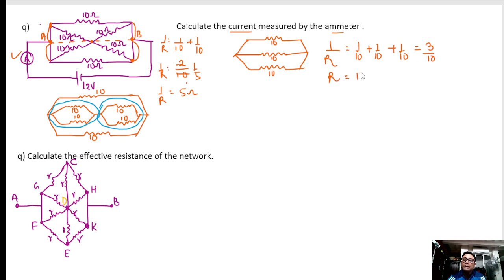So this will be 10 by 3 ohms. Therefore, the current will be V by R, which is 12 by 10 by 3, which is 36 by 10, 3.6 ampere. This is the current flowing in the network.